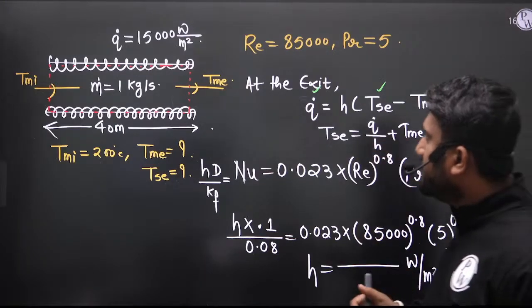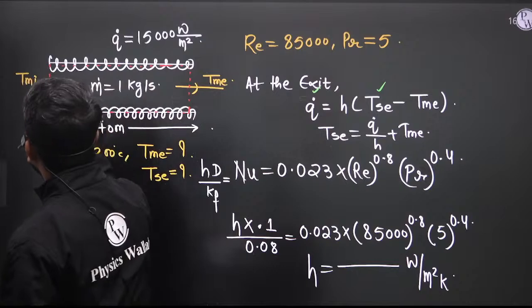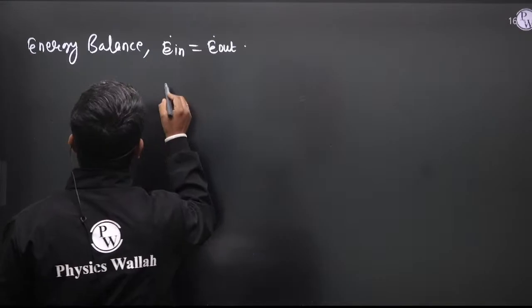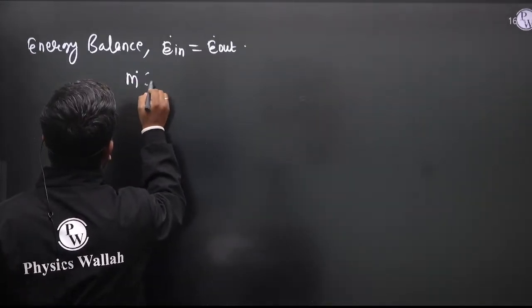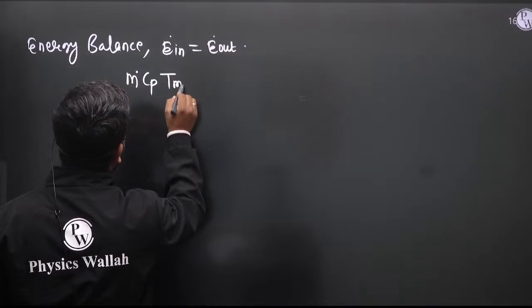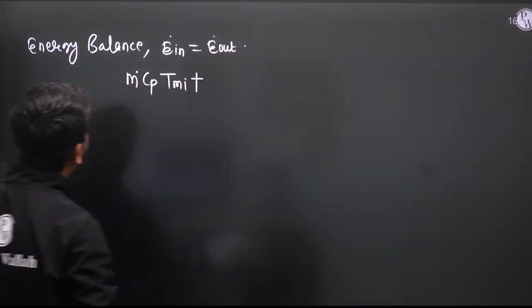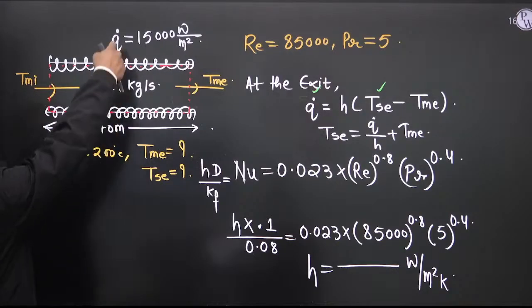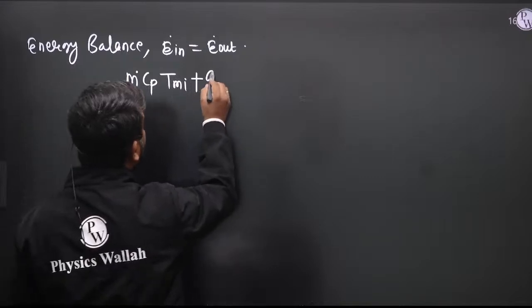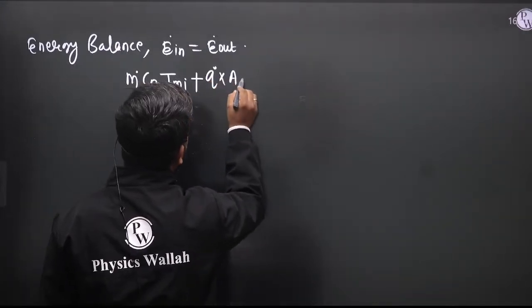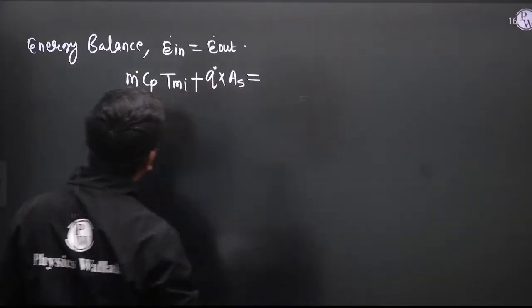Now tell me what is the energy in. The enthalpy rate in is m dot Cp Tmi, plus the q dot multiplied by surface area. What is the out?